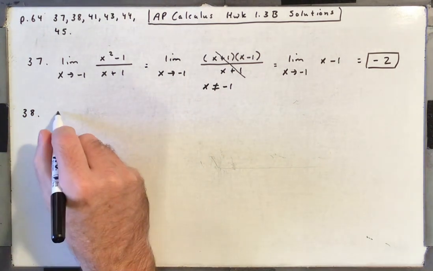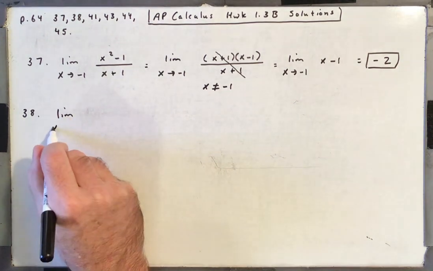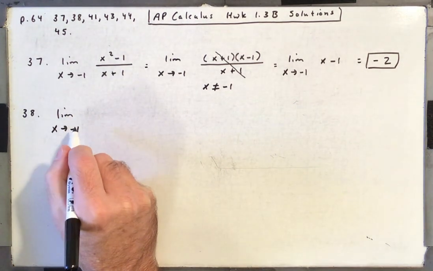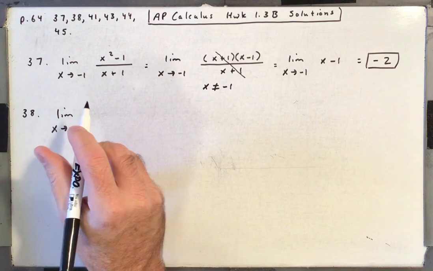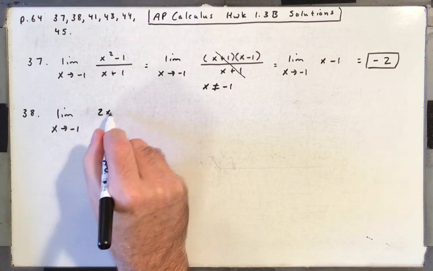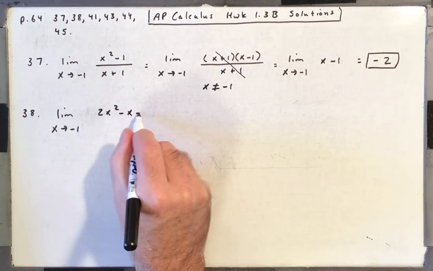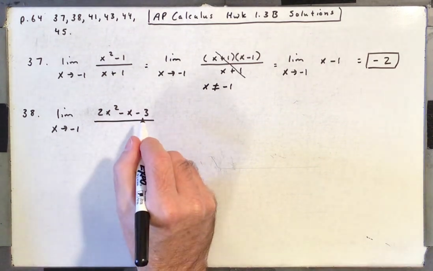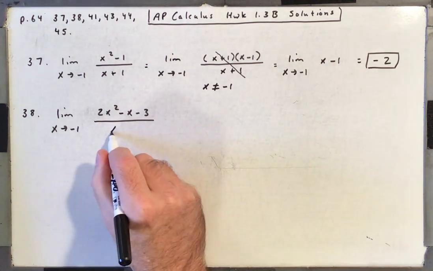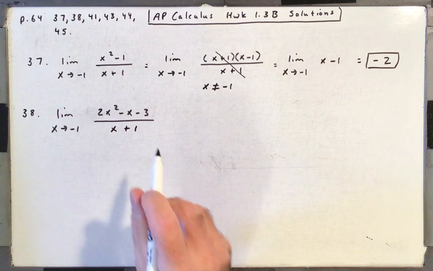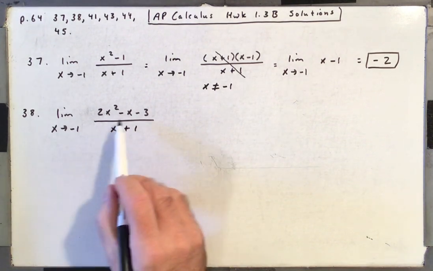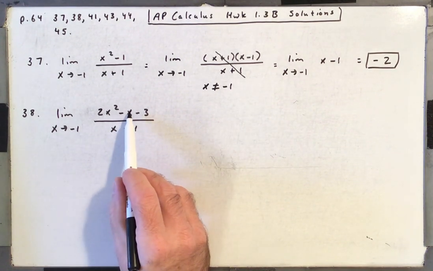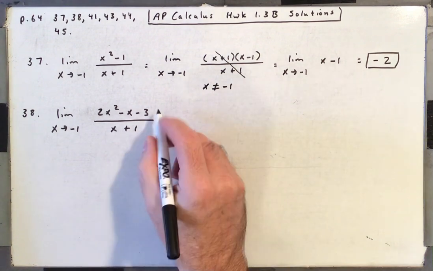Number 38, we have the limit as x approaches -1 of 2x squared minus x minus 3 over x plus 1. Once again, the first thing to do is plug in. If we do that, we end up with a 0 over 0, so we need to manipulate this.